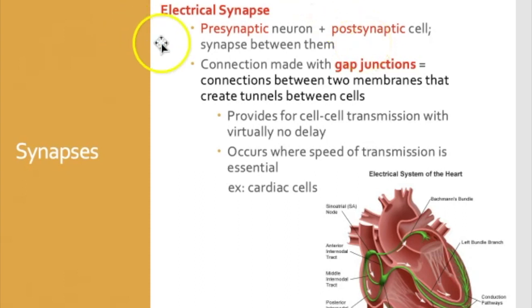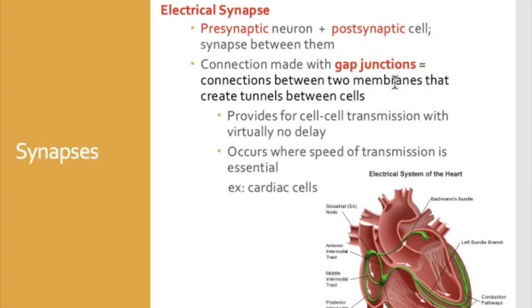There are two kinds of synapses that we discussed. There are electrical synapses and there are chemical synapses. Remember, electrical synapses are synapses where the connection is simply gap junctions between the two membranes of that presynaptic and postsynaptic cell.